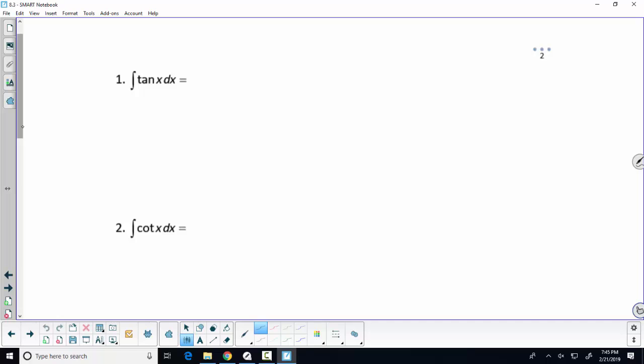They're actually all, well, the first 2 are in log form, pretty much. The second 2 we have to manipulate by multiplying through by 1, and then they're in log form. So I think we did look at tangent and cotangent already, but we rewrite in terms of sine and cosine.